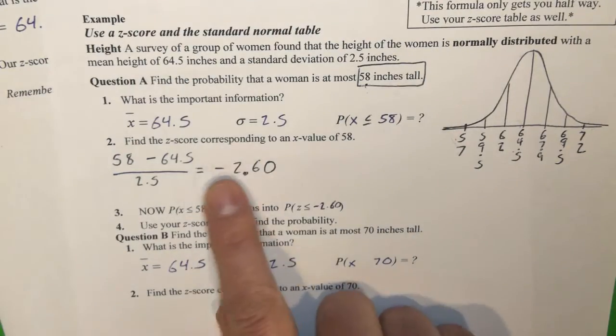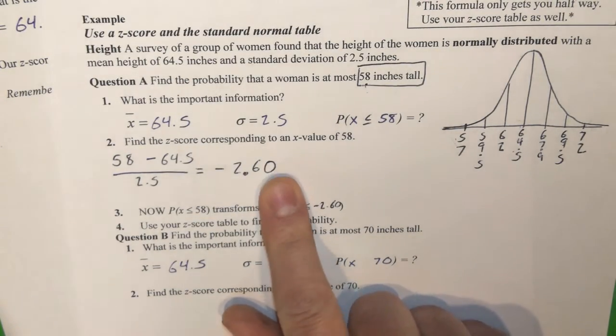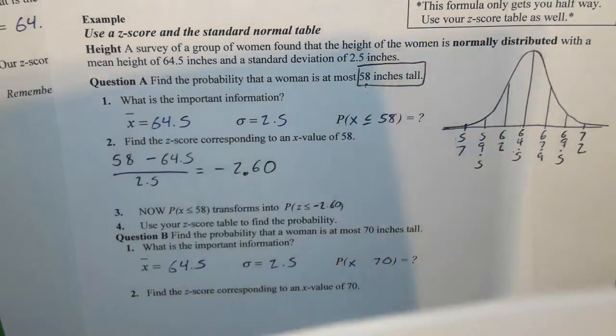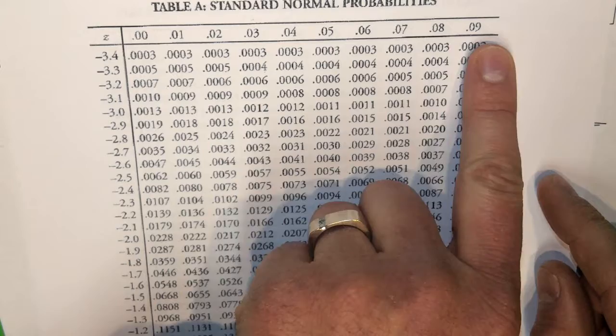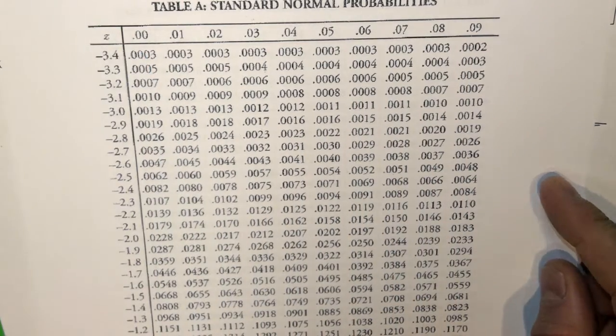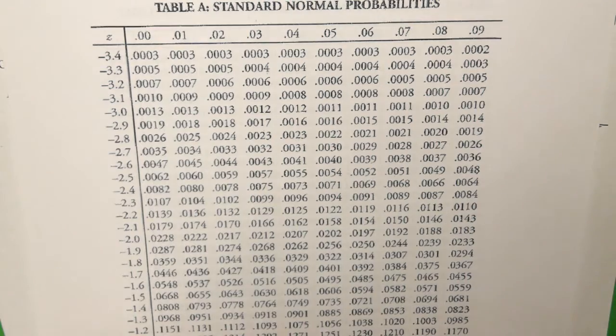Now my last digit, remember I said that it always needs to be 2 digits after the decimal point, and this is why. My last digit is 0. And the way that you're going to find that last digit is by looking across the top right here. My last digit was 0, and it happens to be that guy right there. So now here's how we're going to find our final answer for this problem.